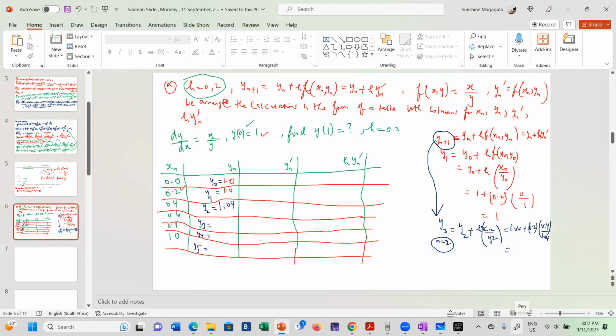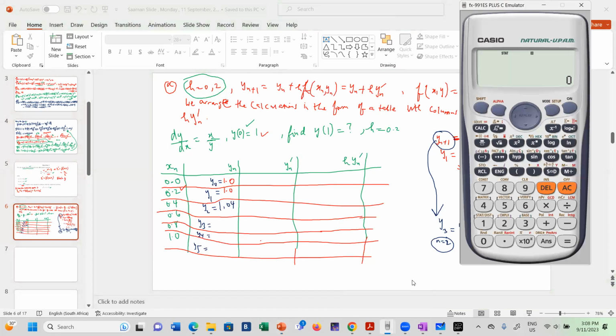Do you see the blue one? Just going to experiment with this: 1.04, 0.2, and then you have 0.4, and then you have 1.04, and then we're going to get the results and plug it into the table.